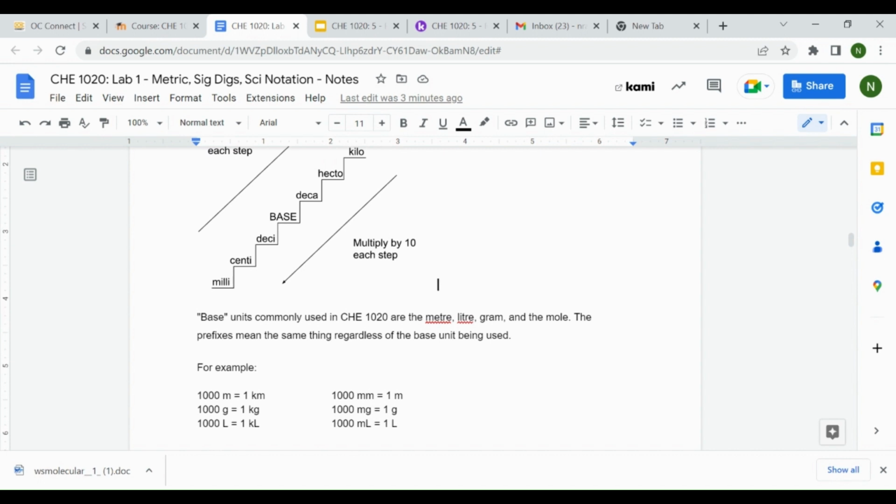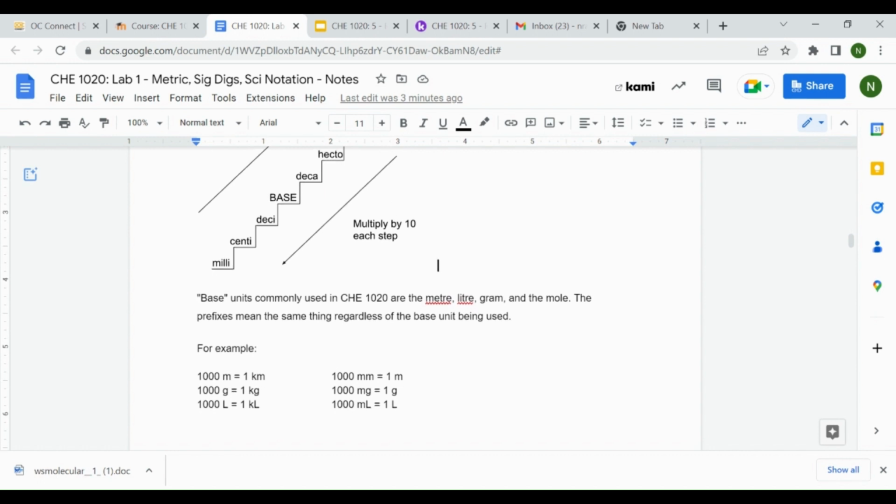Going the other way, if I wanted to start with my base unit and convert it to smaller units, again, I would have to count how many steps I'm taking down in this case. So my base unit's still in the middle. This time, I'm going down the staircase. And every step I take down the staircase, I'd again multiply by 10.